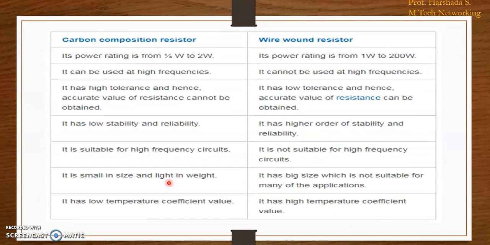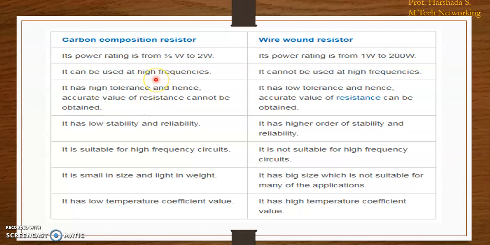Now see, this is the difference between the two resistors. The first one is carbon composition, the second one is wire wound. The first point is power rating: for carbon composition it is 1/4 watt to 2 watt, and for wire wound it is 1 watt to 200 watt. Now, it accepts high frequency, but also has high tolerance, and the accurate value of resistance cannot be obtained.